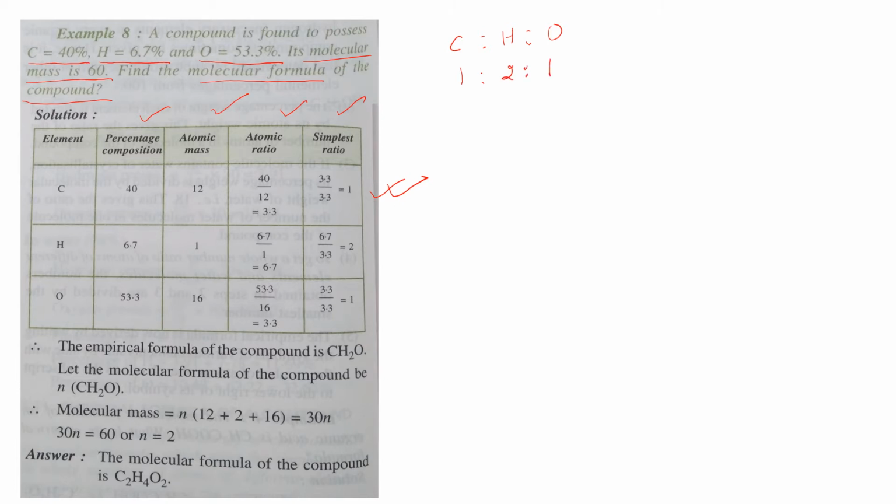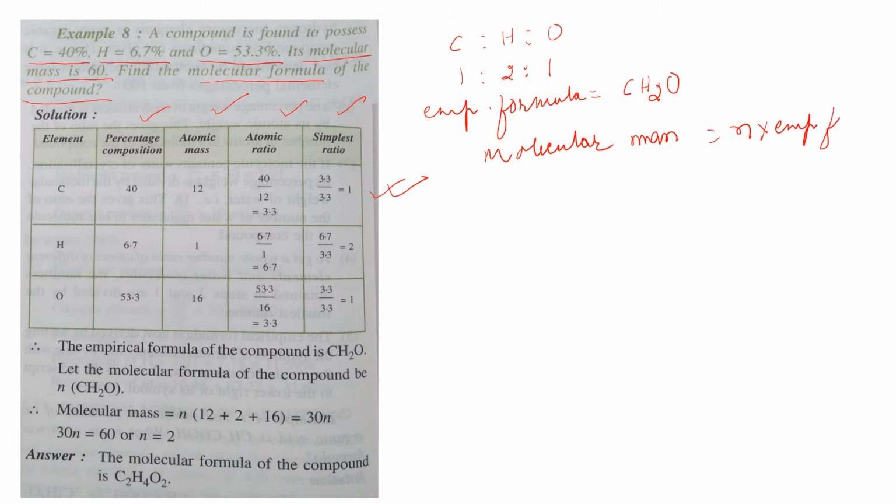That means my empirical formula is CH2O. Now we know that molecular mass is equal to N into empirical formula mass.